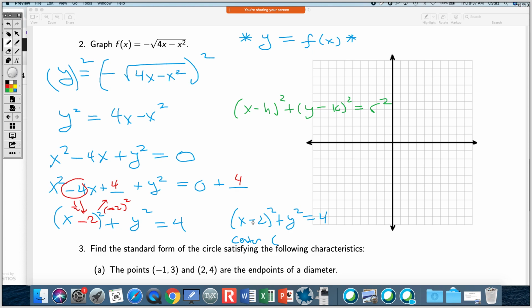I take the opposite here. That'd be positive 2. And what's hanging out here with the y? It's y minus what? Well, if you want to be pedantic about it, you could say this is y minus 0 squared. So center would be 2, 0. The radius squared is 4. That means the radius is 2.